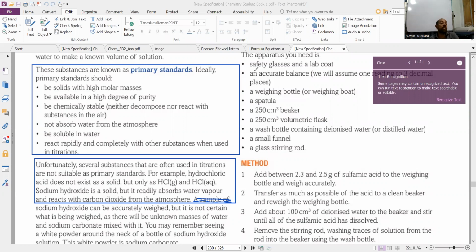If a substance has a high molar mass, you can get measurable quantities. You understand what I'm telling? High molar mass means, let's say you are going to measure 1 mole of hydrogen. That's 2 grams. But if I want to make 1 mole of calcium, you have to use 40 grams.